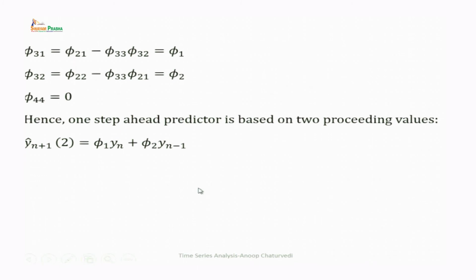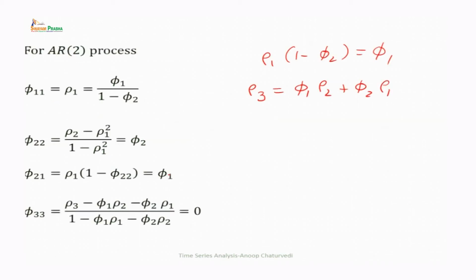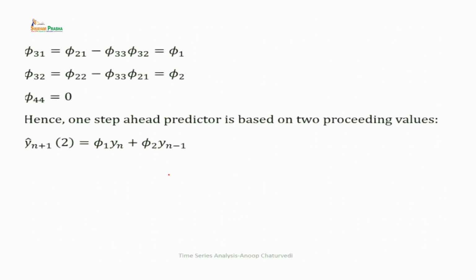Then phi 3 1 is equal to phi 2 1 minus phi 3 3 phi 2 2, and this term is equal to 0. So, this is equal to phi 2 1, and phi 2 1 is equal to phi 1. Then phi 3 2 is equal to phi 2 2 minus phi 3 3 phi 2 1, again this term is 0.